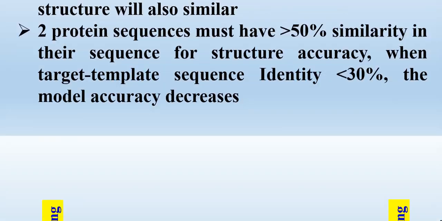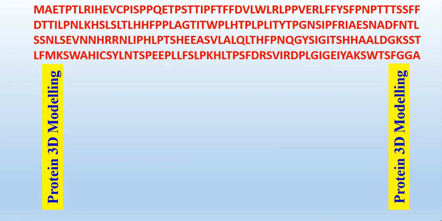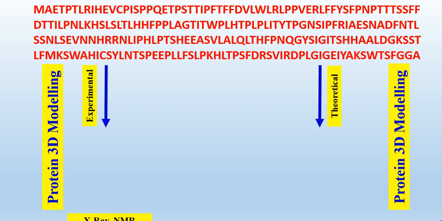Then how will we do this? We will do this from our protein amino acid sequence. If we have the protein amino acid sequence, we can predict its three-dimensional structure in two ways: one is the experimental way and the other is the theoretical way.